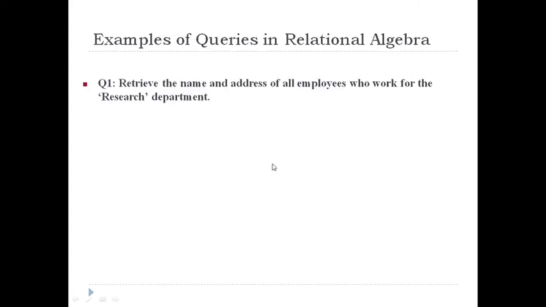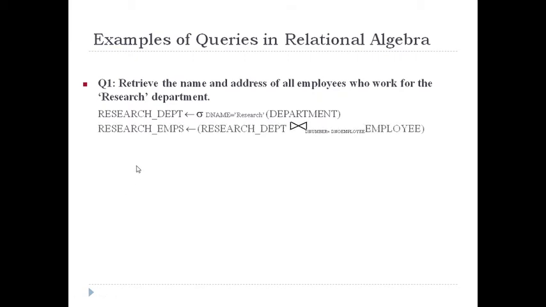Now here the example is: retrieve the name and address of all employees who work for the research department. So what we will do? We will take department name equal to research. First we will take all the tuples from department where department name equals research. Then take the join.